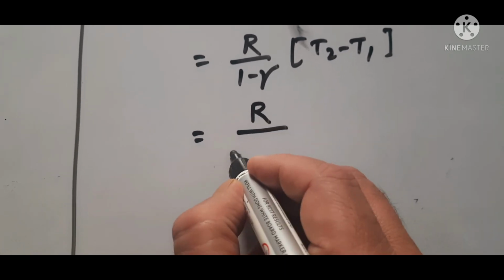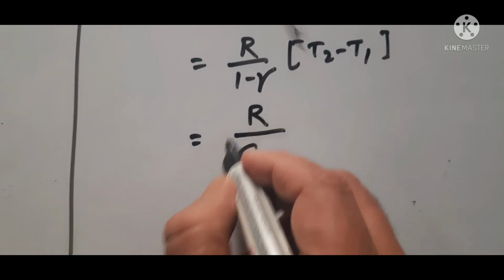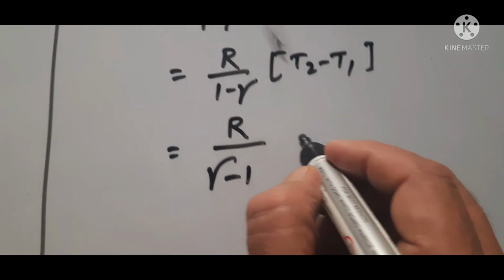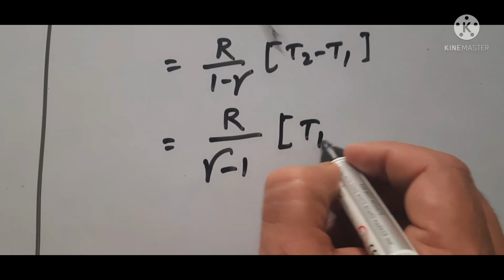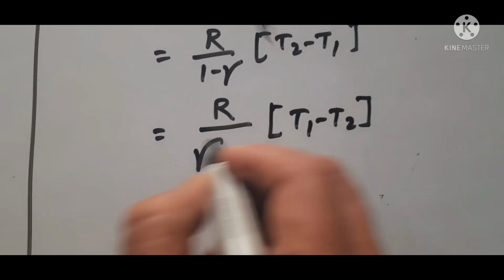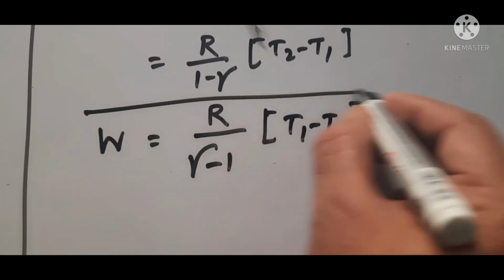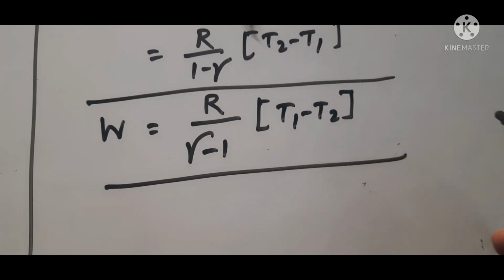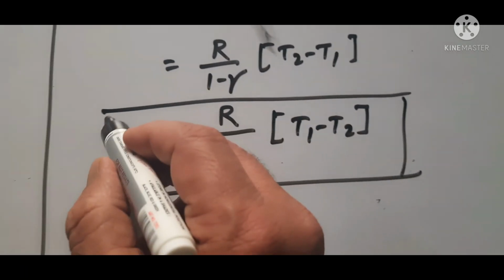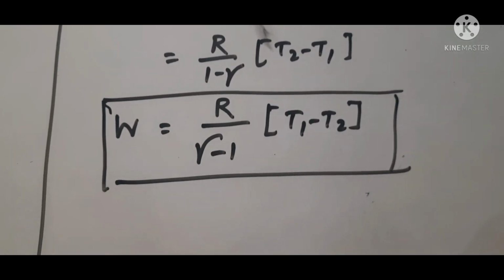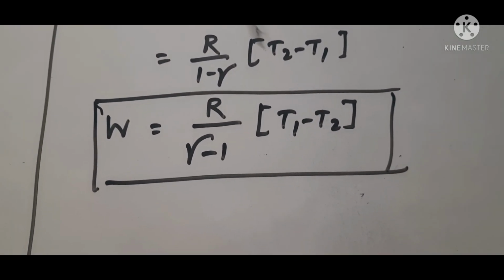We can write gamma minus 1, take minus common, here also minus common, then ultimately we get T1 minus T2. That is another form of the expression for the work done in adiabatic process.